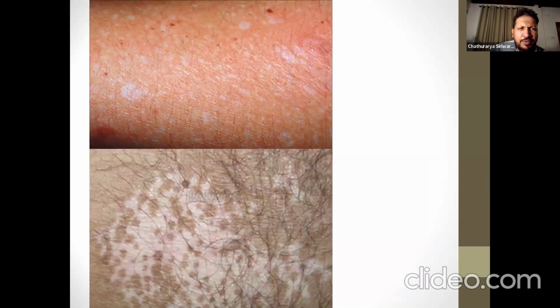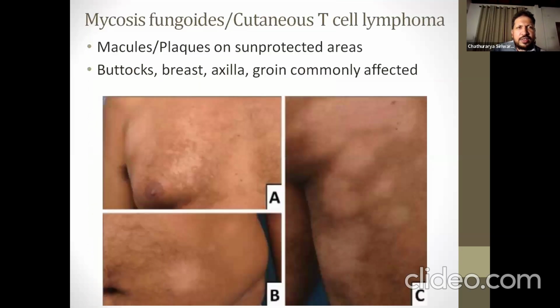In the lower picture you can see vitiligo, with perifollicular sparing of pigment, in contrast to aluhang, where there is perifollicular loss of pigment, like I said before. So this can help you to distinguish vitiligo from pityriasis versicolor as well. It's like a mirror image.